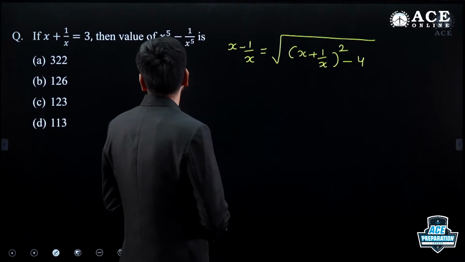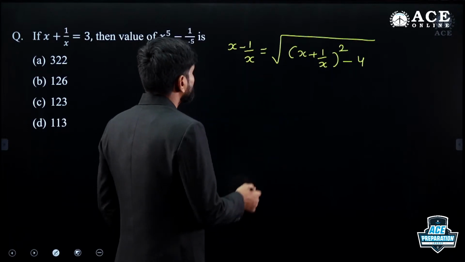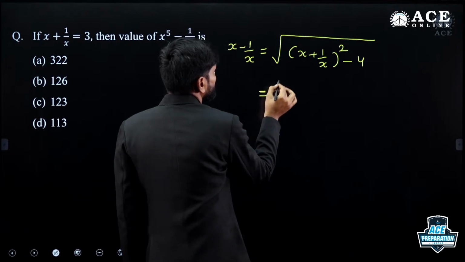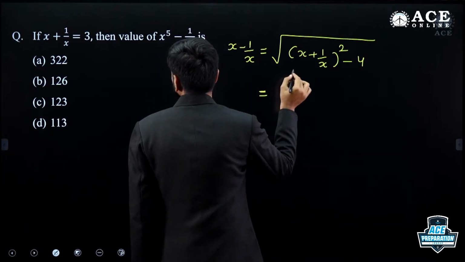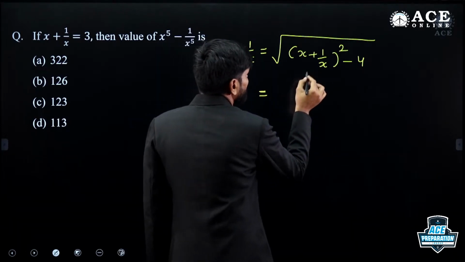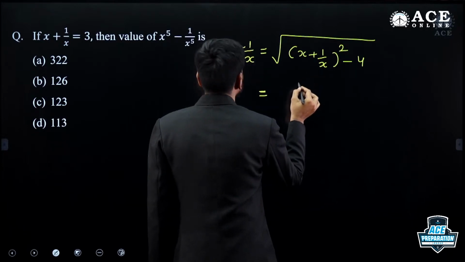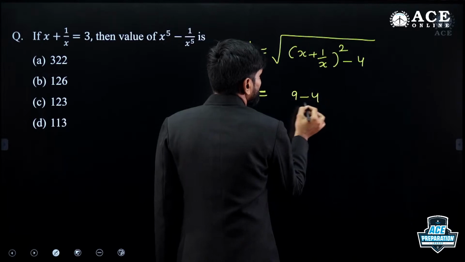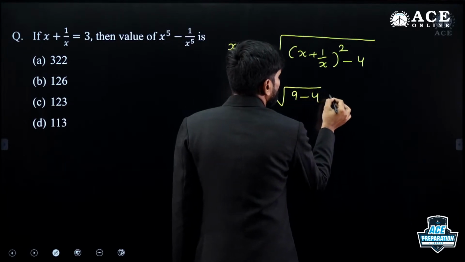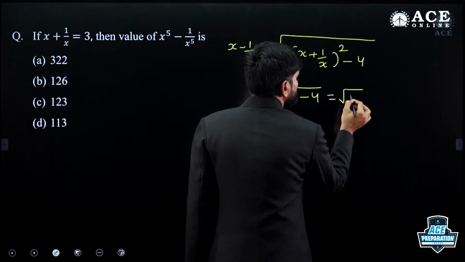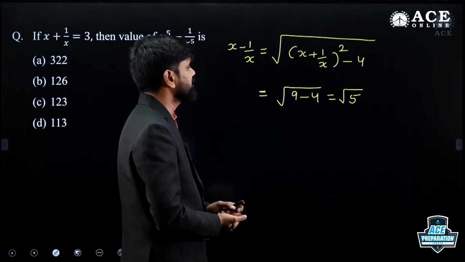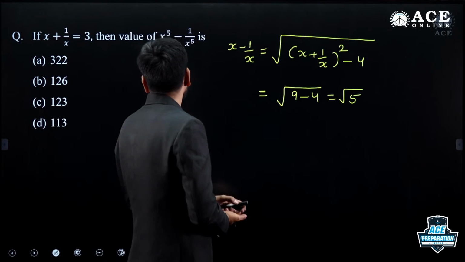Substitute the value of x plus 1 by x here. So this gives you x plus 1 by x whole square equal to 9, 3 square. So 9 minus 4, square root of 9 minus 4 must be equal to what? Square root of 5.